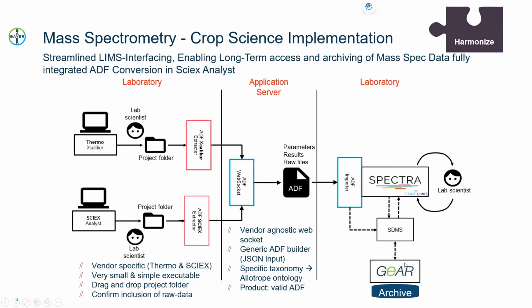The beauty of this is that we have separated the vendor-specific part, to the left at the instrument's machine, having very small executables there, and we have a vendor-agnostic WebSocket part, where we build on the ADFs and convert specific taxonomy terms to the Allotrope ontology, and have in the end a valid ADF.